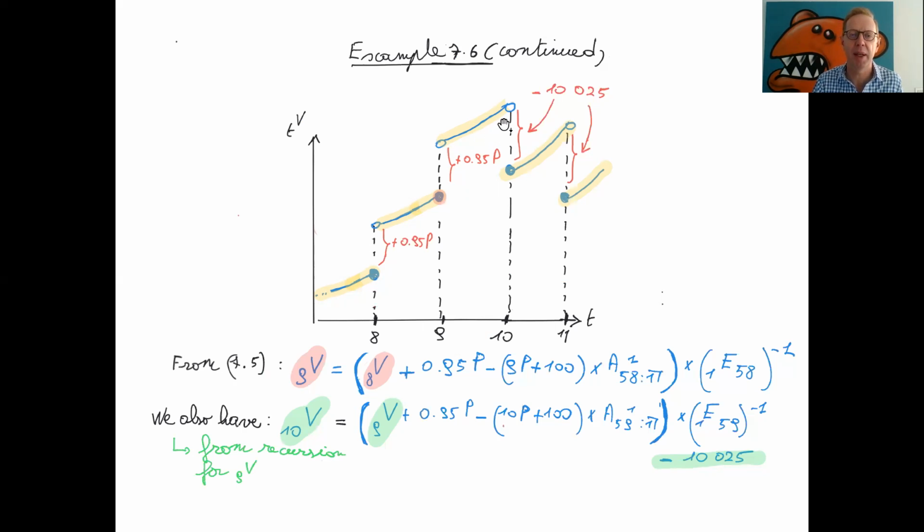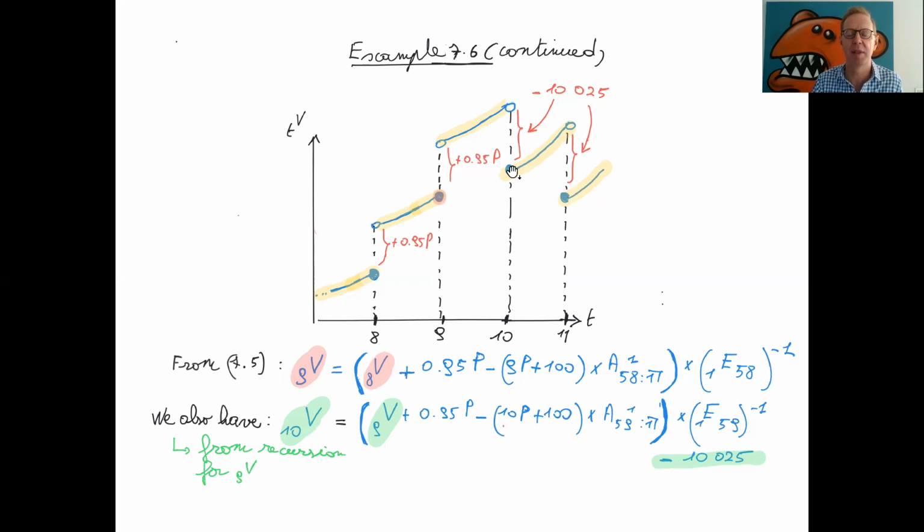Then the policy value increases, and then we are at time 10. At time 10, the policy value drops down with an amount of 10,025 because of the first annuity payment. The policy value at time 10 is this value and not this value, because the policy value is by convention always calculated after payment of the benefits.